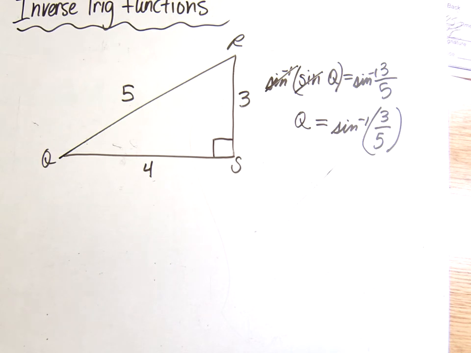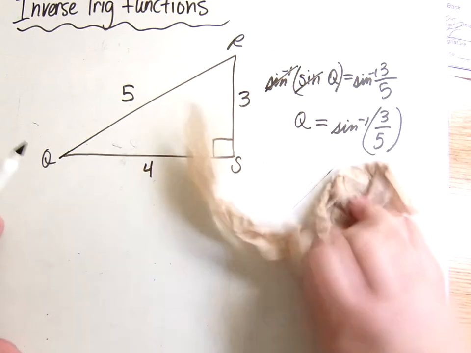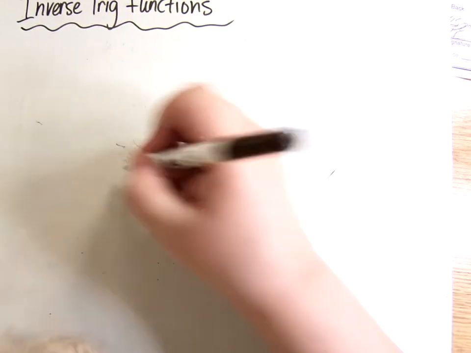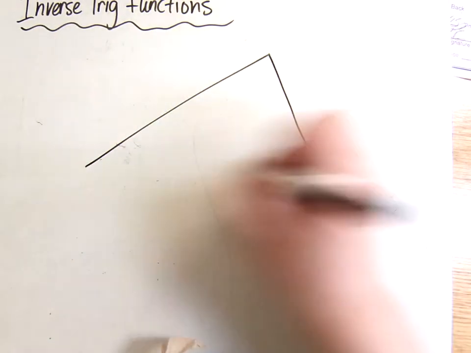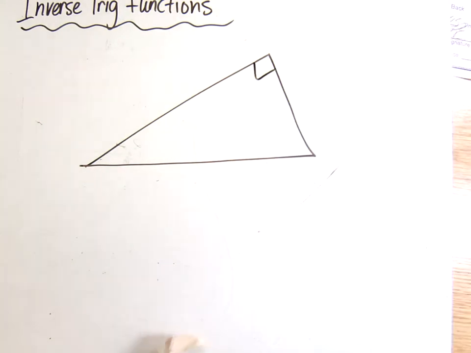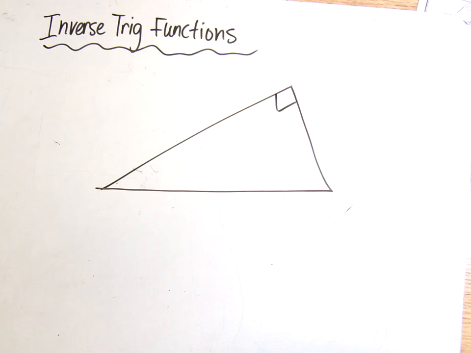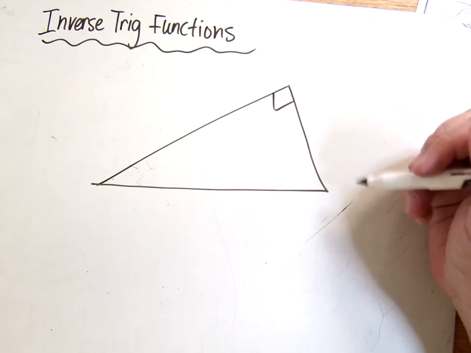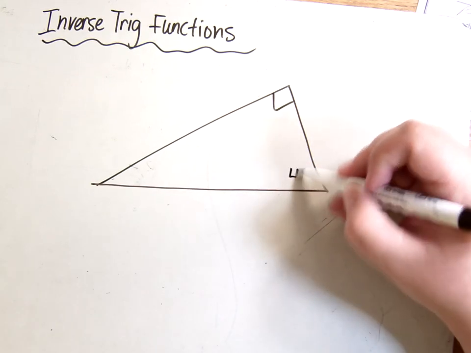Let's say instead I have a triangle, and it's a right triangle. In my right triangle, I know one angle, and that angle is, I don't know, a 40-degree angle.